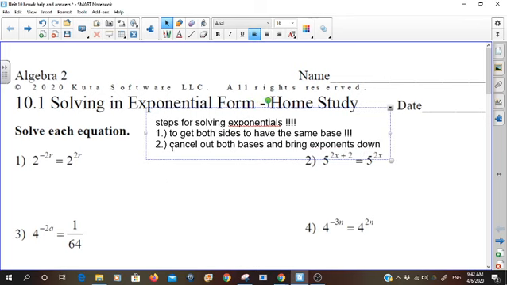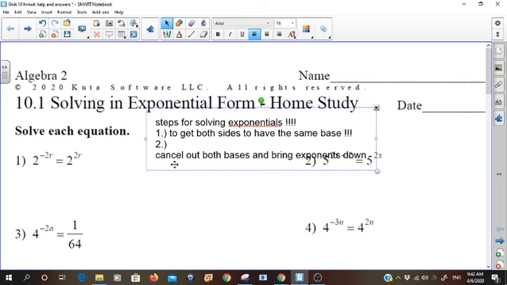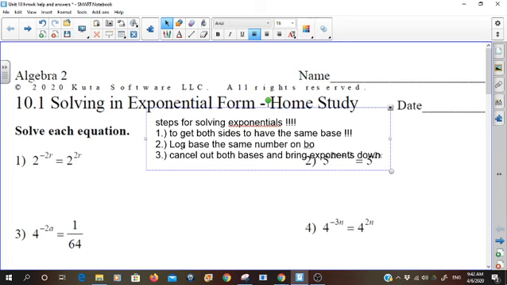Technically that'd be step 3, but step 2 would just be to log base the same number on both sides. For example, problem number 1, we'd log base 2, that gets rid of it, and then you bring down the negative 2r, bring down the 2r. So cancel both bases there.